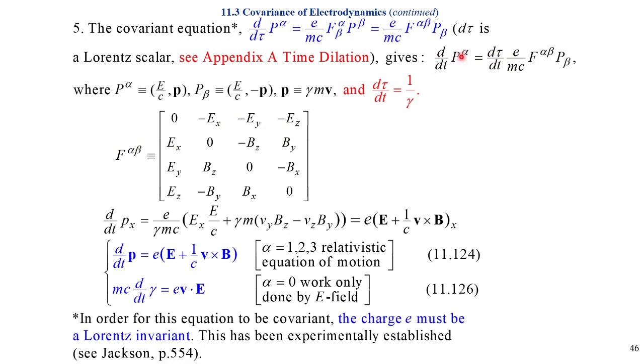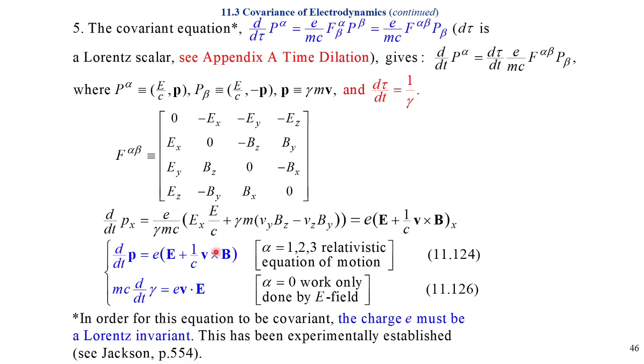Therefore, eventually Px equals e mc over gamma, e over gamma mc, and F alpha beta, Ex, E over c, gamma m, Vy Bz minus Vz By. And E is the energy of the particle. So it's gamma mc squared. Gamma mc squared.